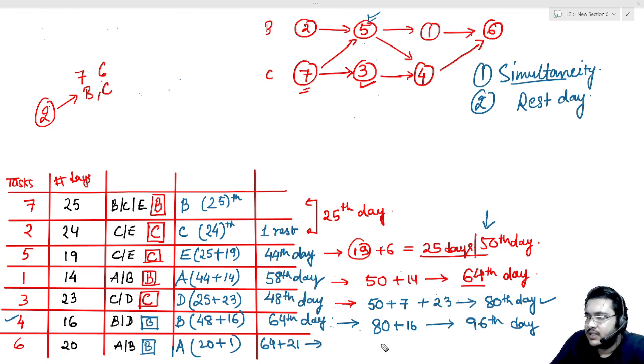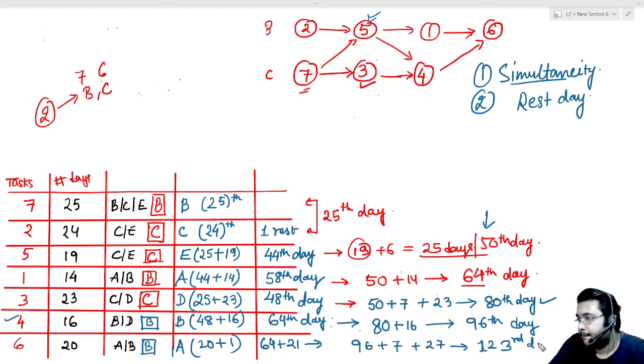So what I will do is add 96 plus the 7 days rest period plus the usual days that it takes, that is 27, and that will give me 123. The 123rd day. I hope that is visible.